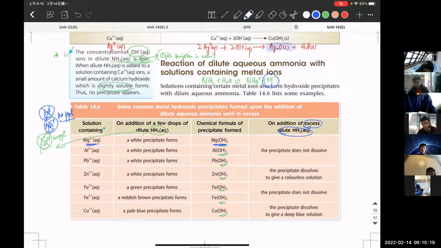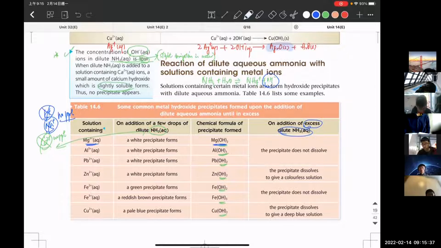Which observation, when you talk about excess alkali added, is different between NaOH and ammonia? In terms of observation.